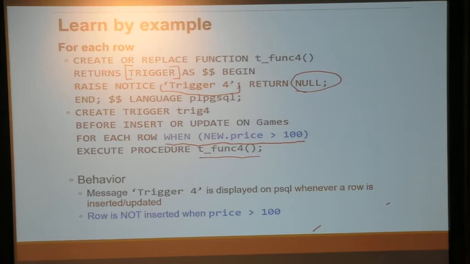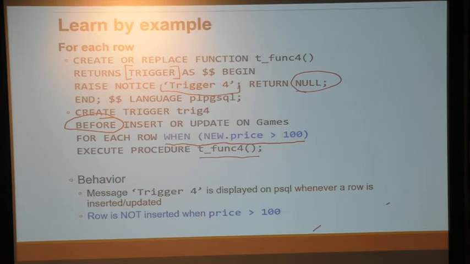So when you return null, it means that you're going to stop the operation. You're not going to return the next trigger. And because this is performed before any insertion or before any update, you're not going to even perform the insert or the update. This particular one will basically say that I'm not going to insert any games where the price is greater than 100, because I'm going to return null.